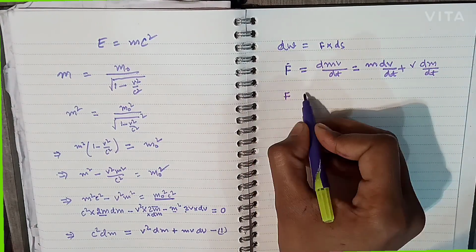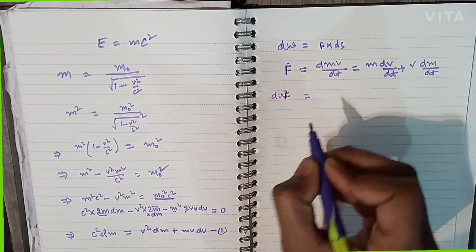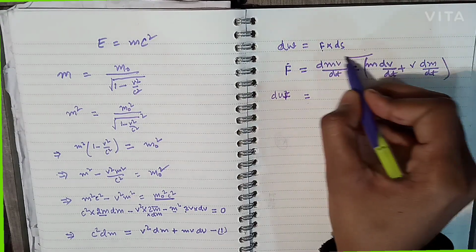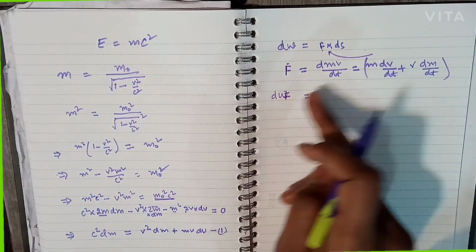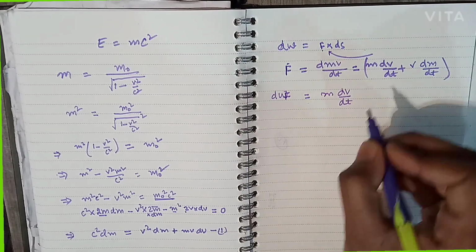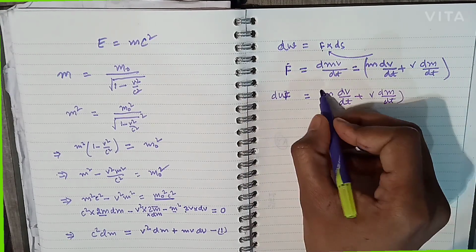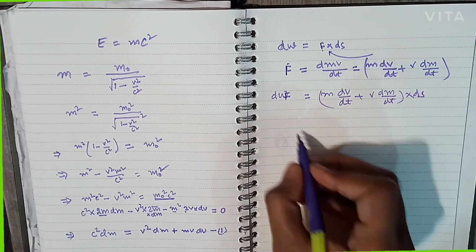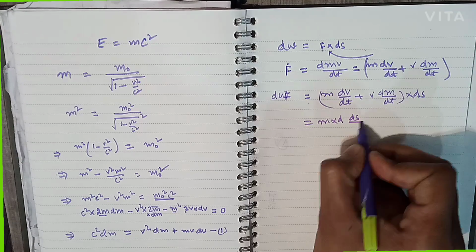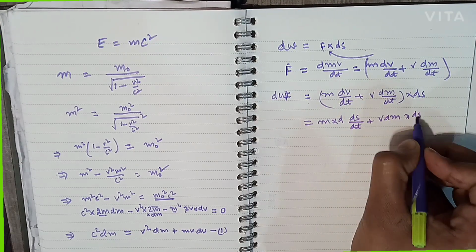Now we have dw, and the value of F will be placed here: m dv by dt plus v dm by dt, into ds. So m dv ds by dt plus v dm ds by dt.